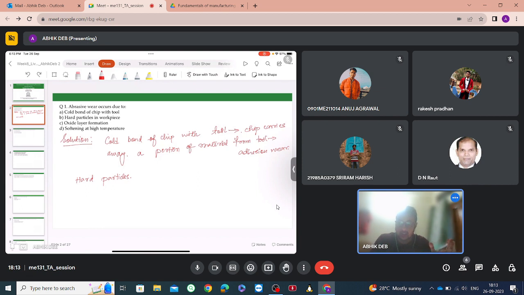Due to the rubbing action, they will cut away very minute sections from the tool surface, and this results in abrasive wear.